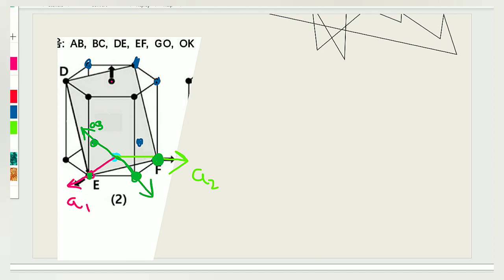You can guess it well. You can guess it right. This point. Yes, you guessed it right. This is the point where the plane is intersecting the a3 axis.